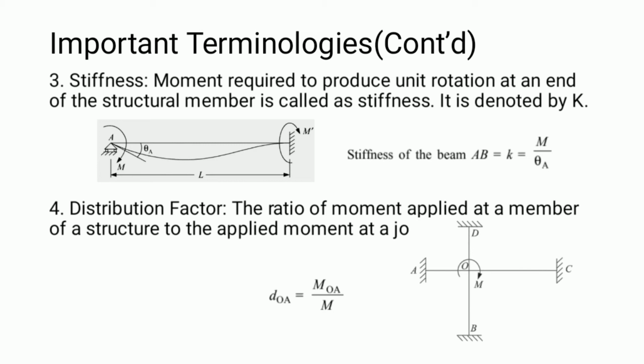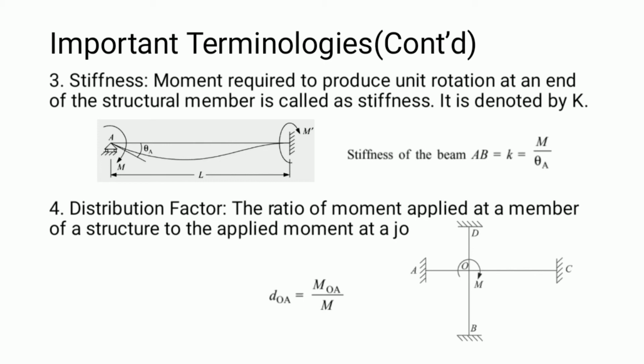The ratio of the moment shared by the member to the applied moment at the joint is called the distribution factor. For easy understanding, I have given a sketch here. You can just observe that.